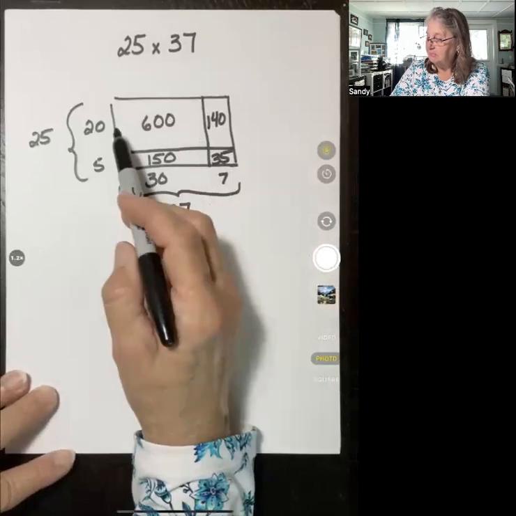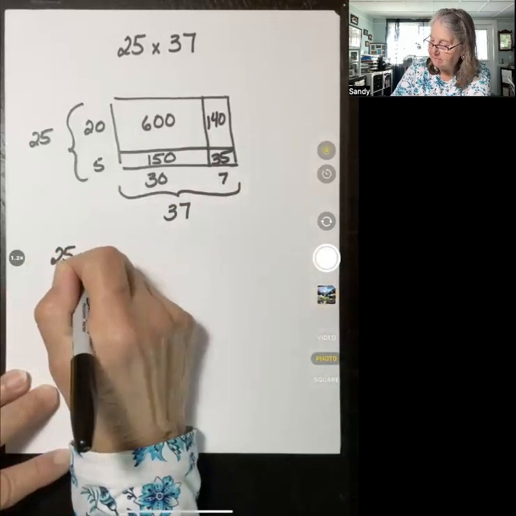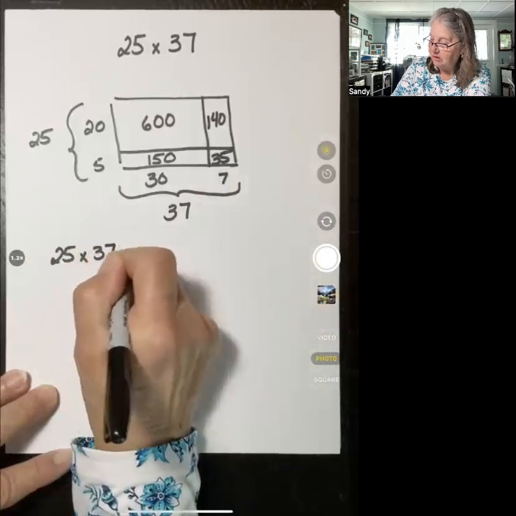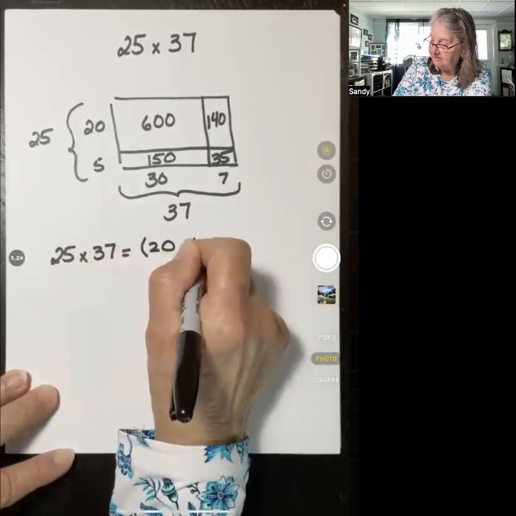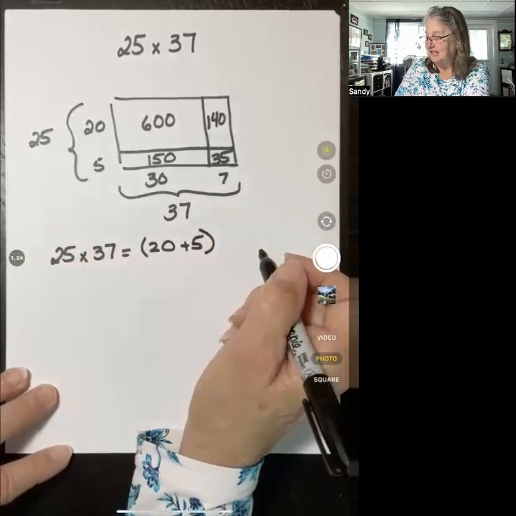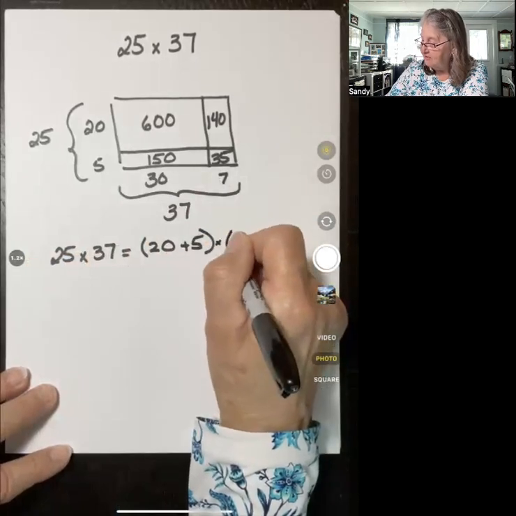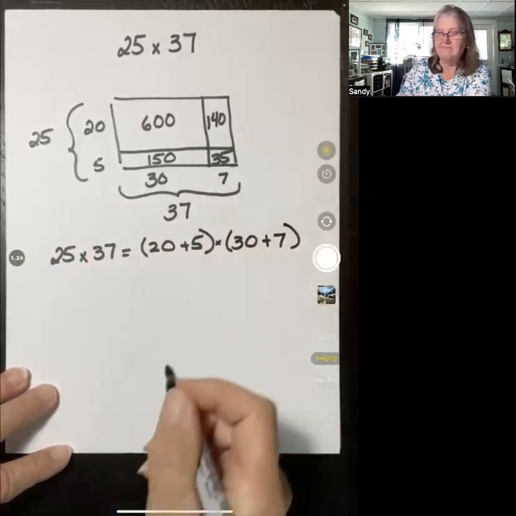Now again, each of these are our partial products. So when you look at these partial products, how did I think of that 25 by 37? Well, I thought of 25 as 20 and 5, expanded form for 25, but place value, right? And I thought of 37 as 30 and 7.